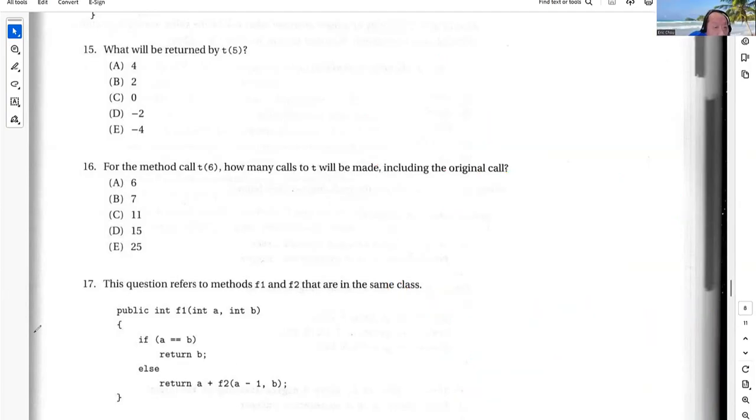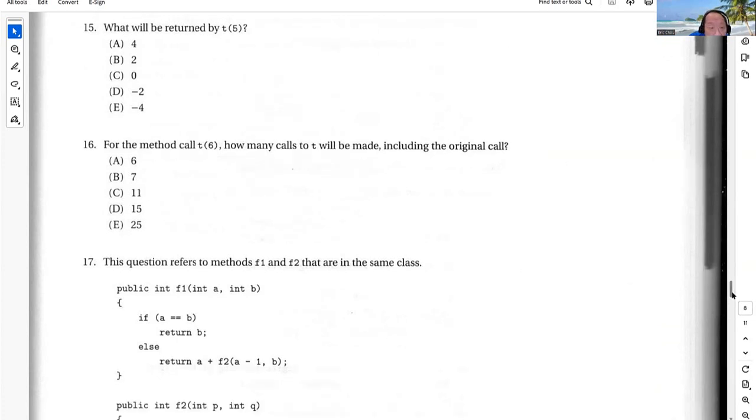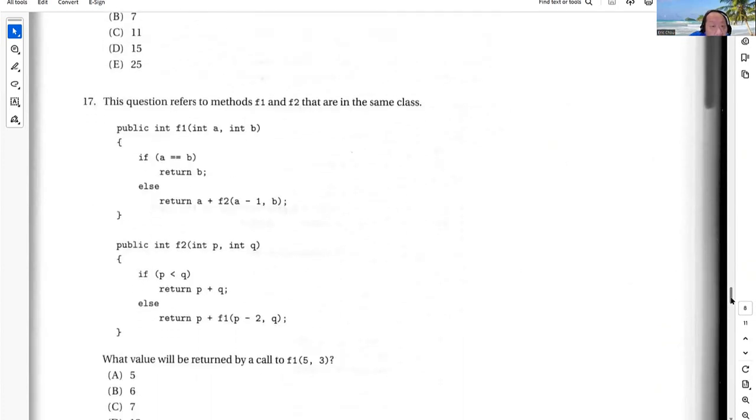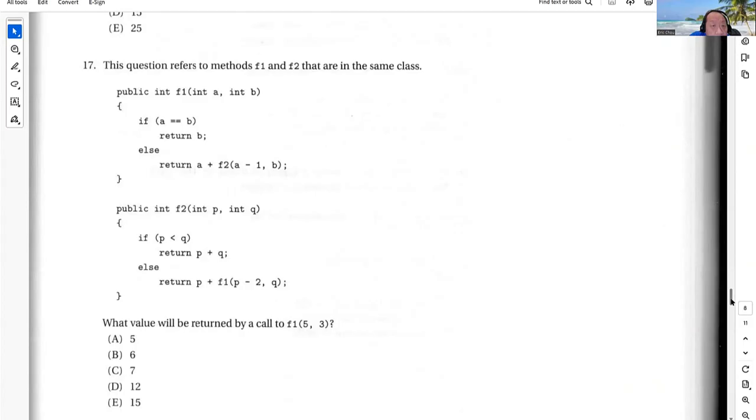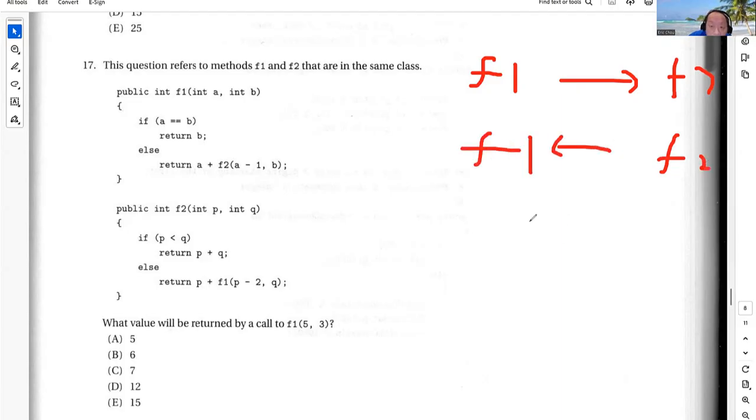17, let me have Benjamin, 17. This one is the F1 function calling the F2 function, and the F2 function also calling the F1 function. In theory, we call it coroutine.